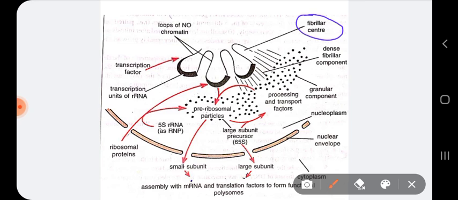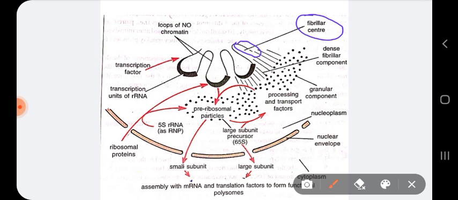The RNA genes of the nucleolar organizer region of chromosomes are located within this region. So within this fibrillar center, the RNA genes of the nucleolar organizer region of chromosomes are found.